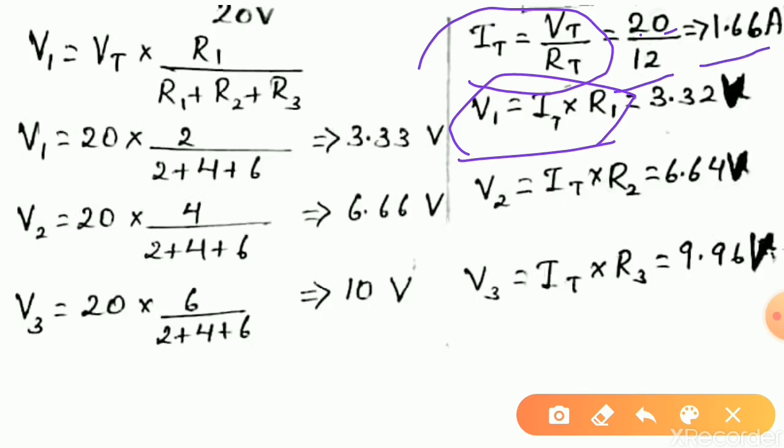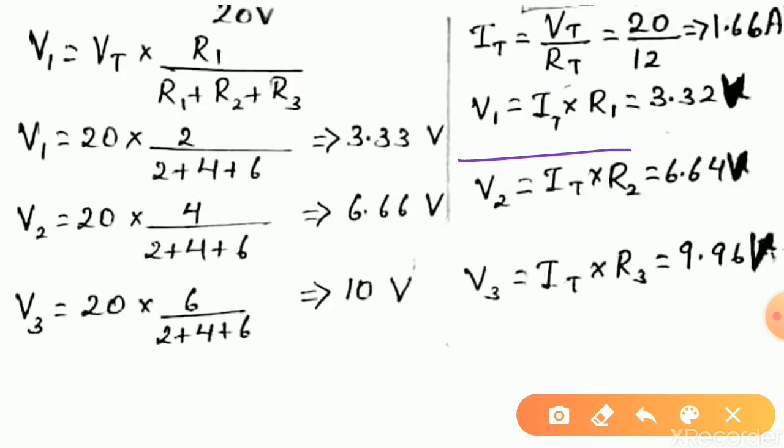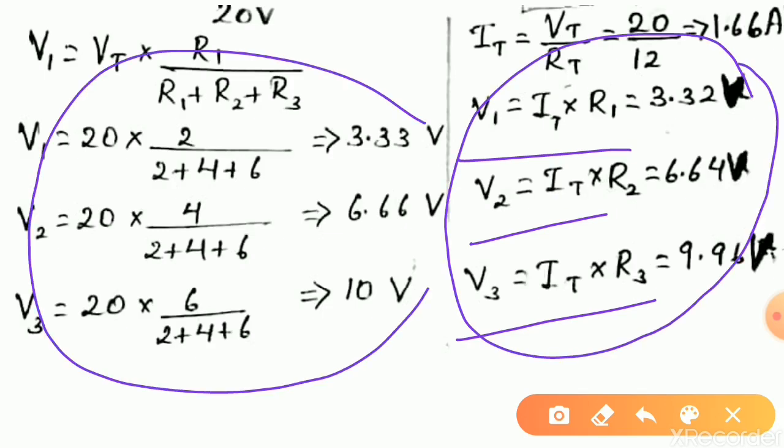We get 1.66 amp. This total current is substituted for V1, V2, V3, as V1 is equal to I total into R1, V2 is I total into R2, and V3 is I total into R3. So we get results from Ohm's law as well as from the voltage division technique.